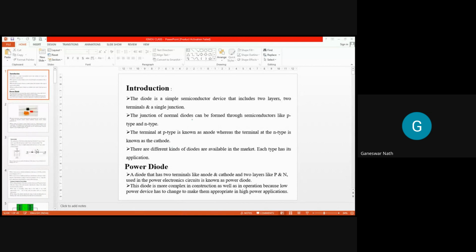Is the slide moving? Yes, sir. But I think I'm on the first slide where the slide is not moving. Someone is controlling. Just 1 minute.